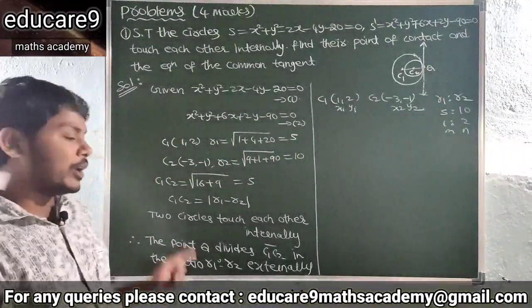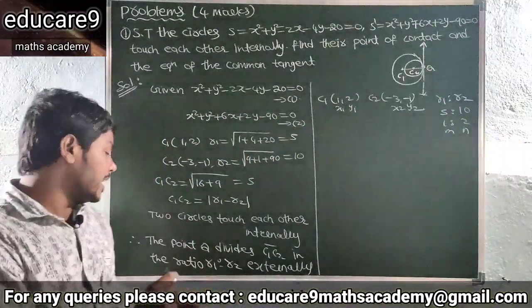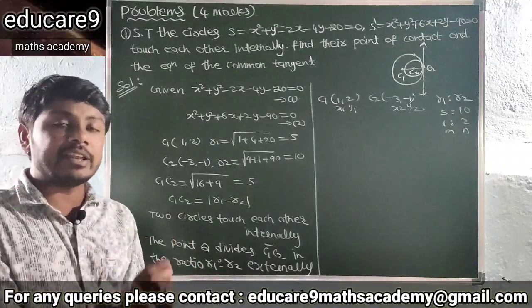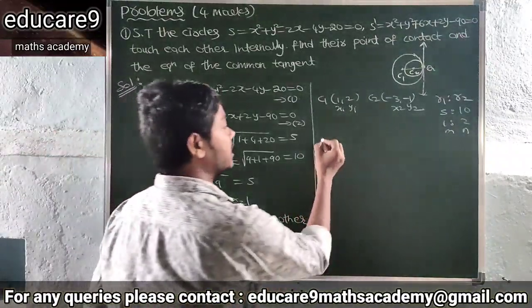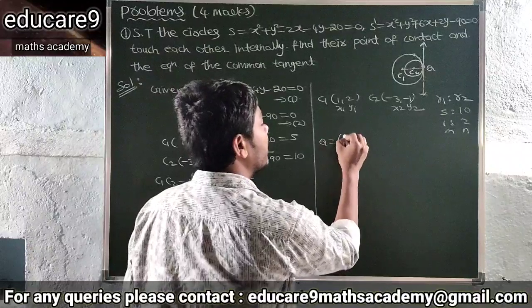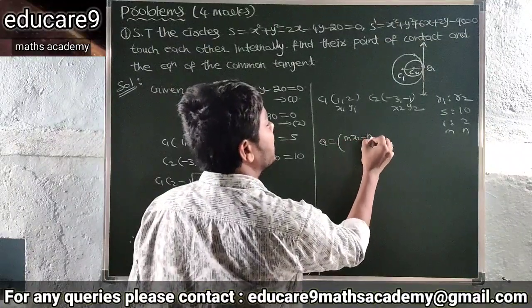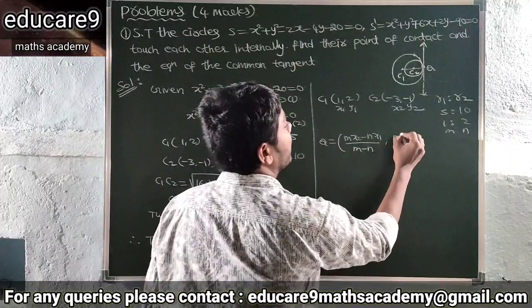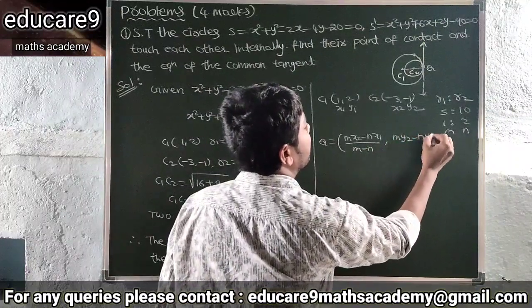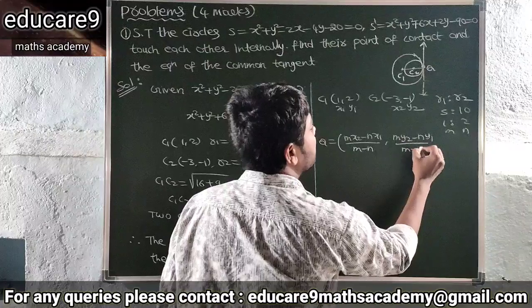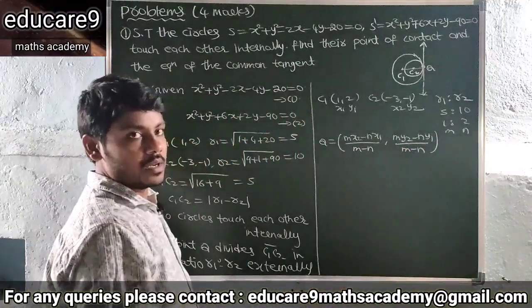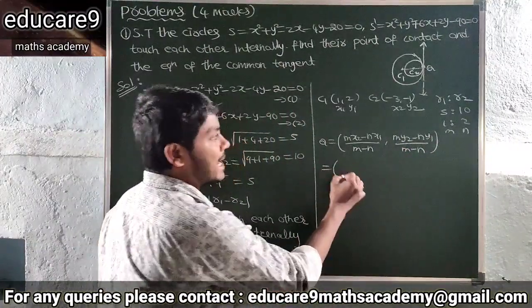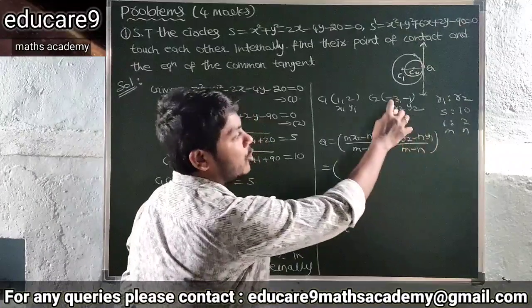Then see here how to write Q. Clearly Q uses the external division formula. Q is equal to (mx2 minus nx1) by (m minus n), comma, (my2 minus ny1) by (m minus n). Now this is mx2, so 1 into minus 3.